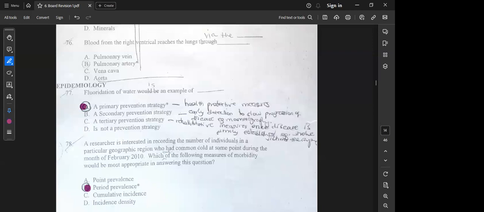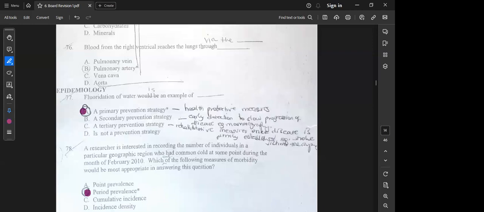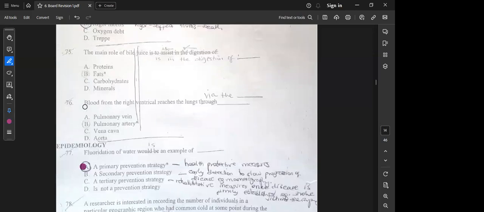I'm finding that primary would be more of a measure you take before it occurs, to prevent something from occurring. The secondary one is to prevent progression, and the tertiary is to treat after. It's like providing treatment. Something like that.